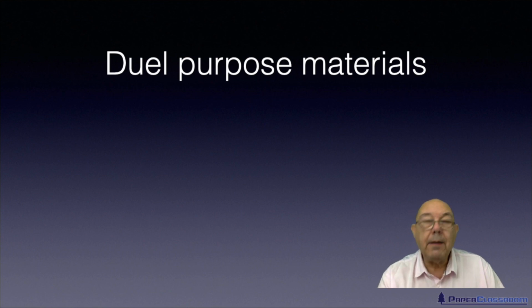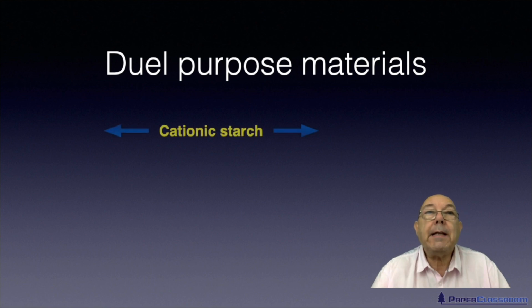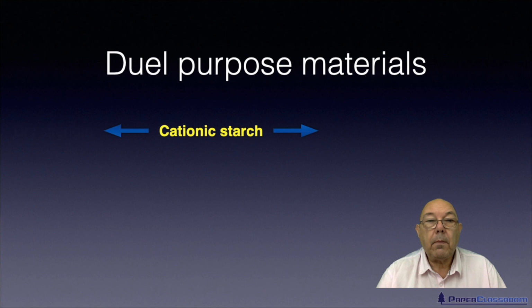Now, interestingly, some of these actually do both jobs. They can be both a functional aid and a process aid. We usually put these materials in as a functional aid because they give us something the customer wants. But because of the chemical nature of the material, a sort of added value, if you will, it does something else. So here are 3 examples. Cationic starch.